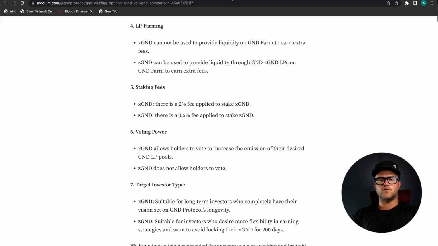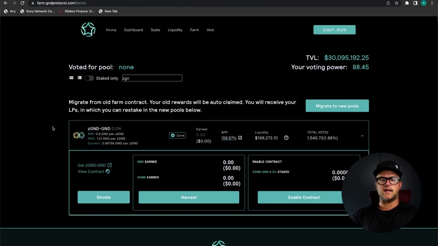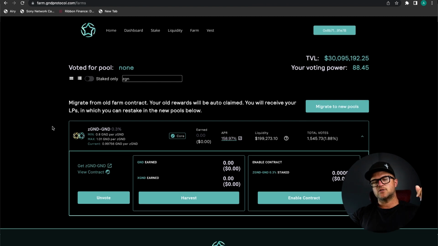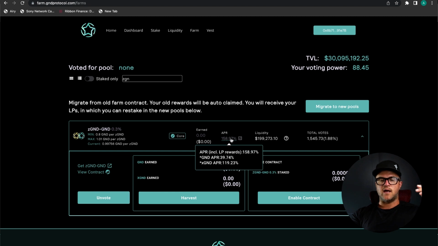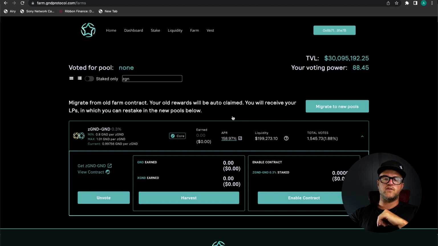And actually, let's go over to the farm and see what that APR is currently at. It's currently at 158%, and it's making that in GND and xGND rewards. So if you are in the pool here, you are making liquid GND and locked xGND in rewards at 158% total between the two tokens.